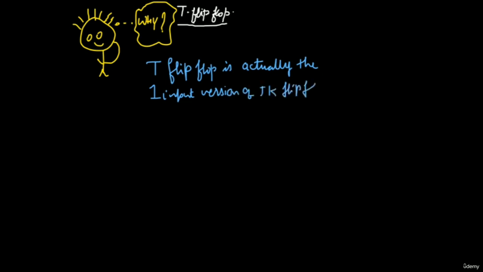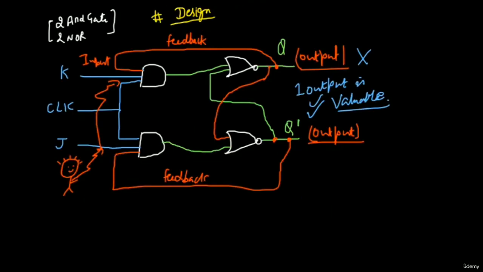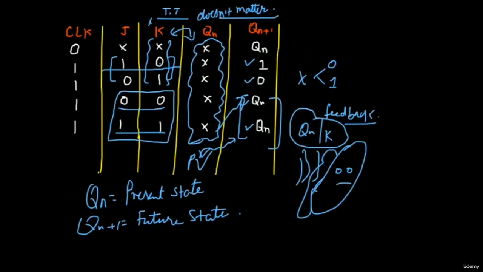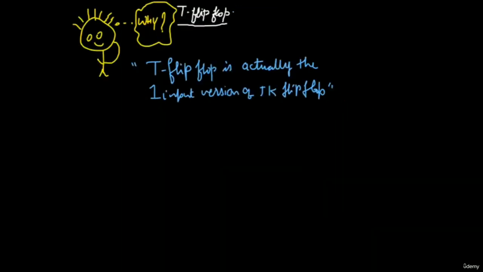From my intuitive self, if I may allow myself to brag a little bit, there is actually no role for the K. Someone realized that there is no role for the K, so let's eliminate the K and just take the J. That's what happened in the T flip flop.